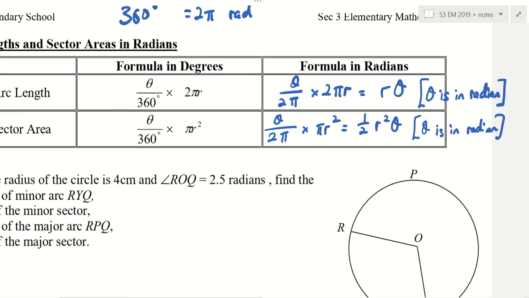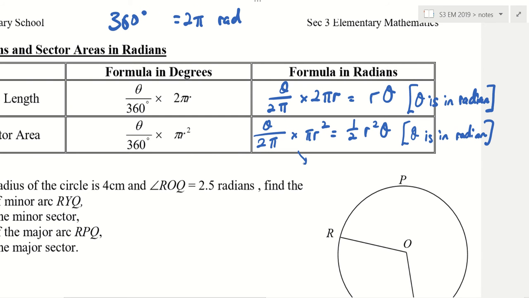Let me tell you why I write in this format. Do you see that the pi and pi cancel? No more pi. Is equals to theta r square over 2. Now I want you to see that this is the same as this.